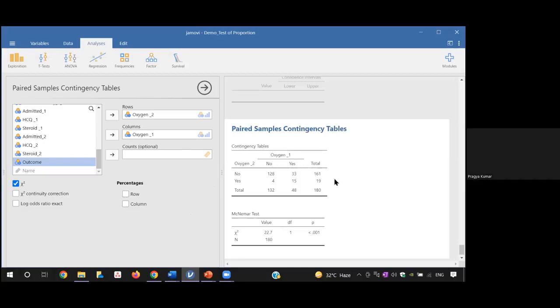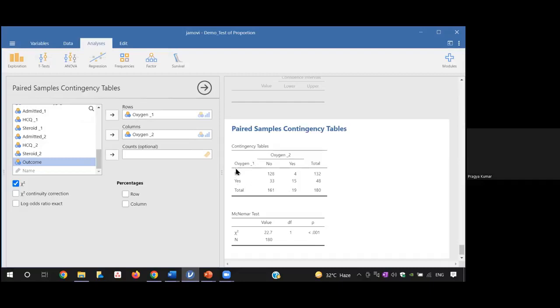Now please focus for a few minutes here in the output. This is the oxygen requirement before. But in this case, let me shift this to here, because this pre-post will be in the row, you shift the oxygen 1, and then in the column you shift the oxygen 2. So now you can see this oxygen 1.